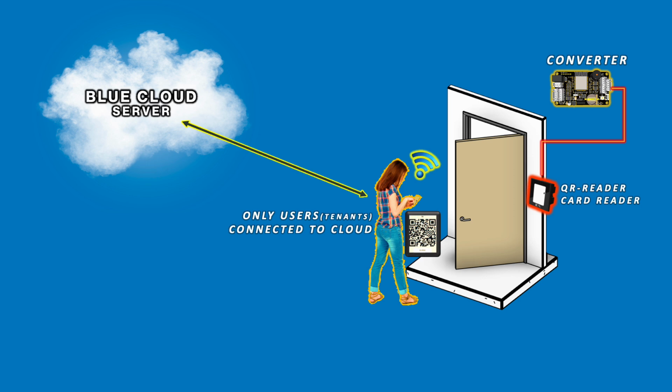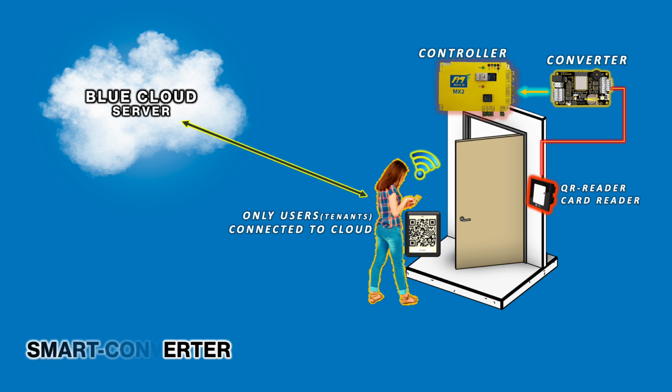So how about when you're using it as a smart converter? It's the same setup as the controller, with only a slight additional difference. You can see that the converter is moved away from the door, and we have an existing controller.